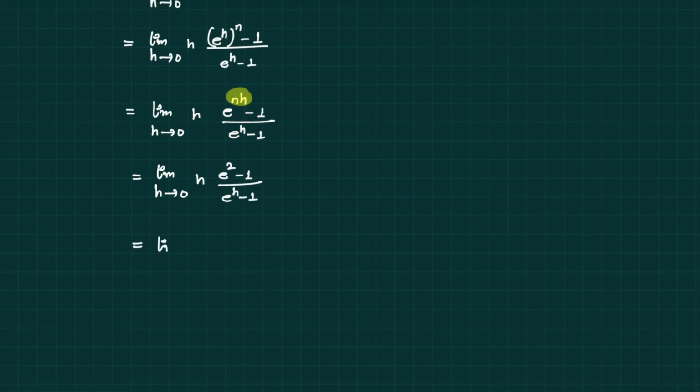This equals the limit h tends to 0 of h into (e square minus 1) whole divided by, now in the denominator, instead of this e to the power h we will expand this using our exponential series, that is e to the power h can be written as 1 plus h plus h square by 2 factorial plus h cube by 3 factorial plus up to infinity, and there's minus 1 in the denominator.